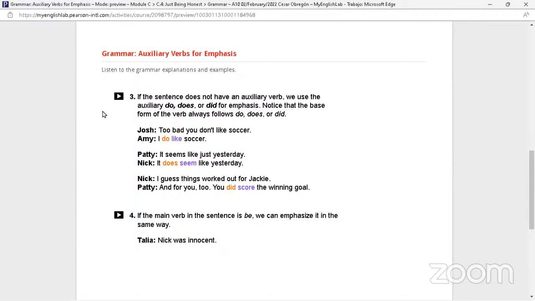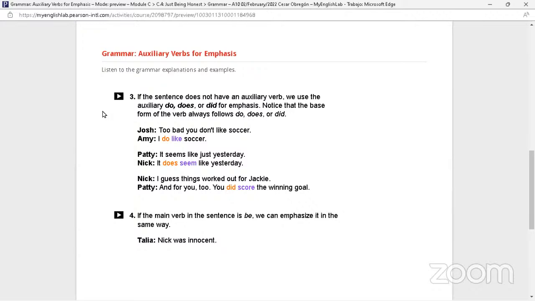En serio que sí me gusta el soccer. Imagine something like that. You're adding emphasis. It seems like just yesterday. It does seem like yesterday. En serio que sí, pareciera que es ayer. En verdad que sí. So you can just play with the words.